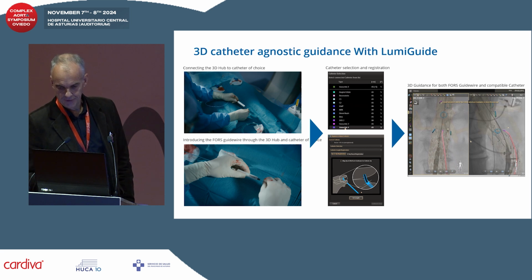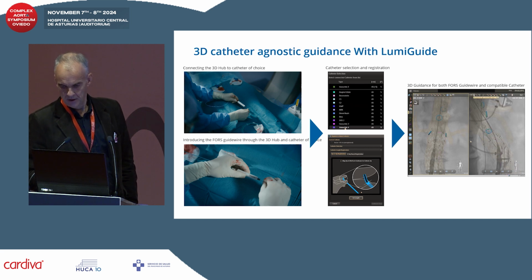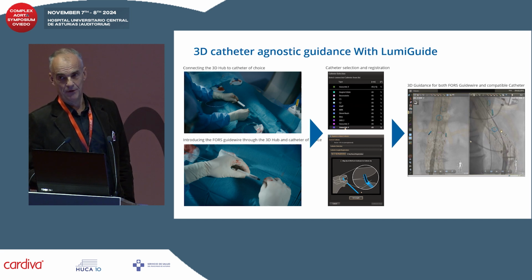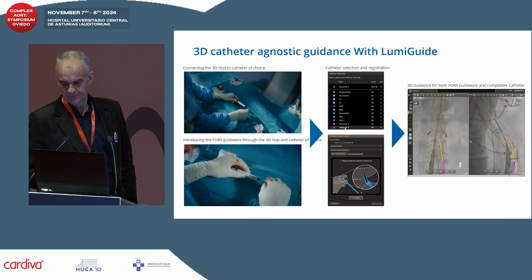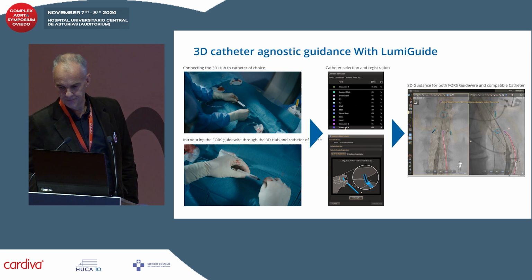And then this is what the screen looks like. Typically, there is this biplane look to it, where on the right screen you can choose any angle, which is a key feature of the technology, so you're not limited by the mobility of a traditional C-arm. And then you see the catheter in a color of choice and the guide wire.